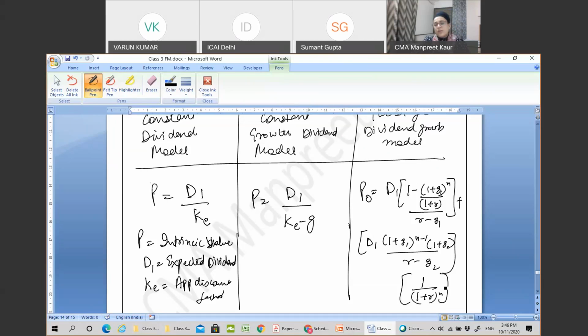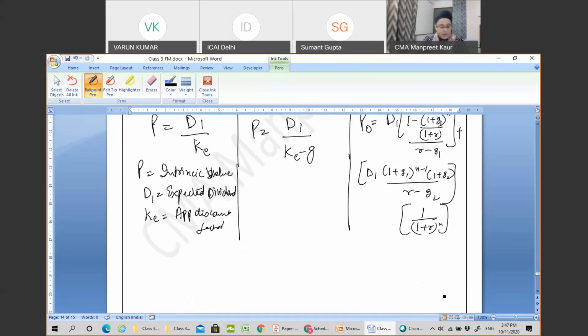It is just a two-stage growth model. Only the formula is important.